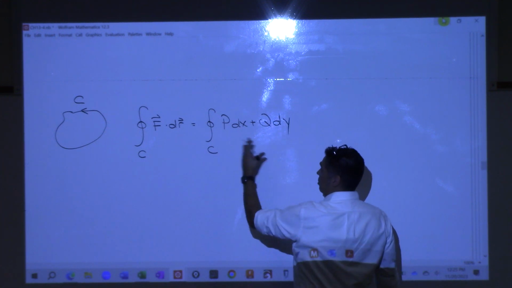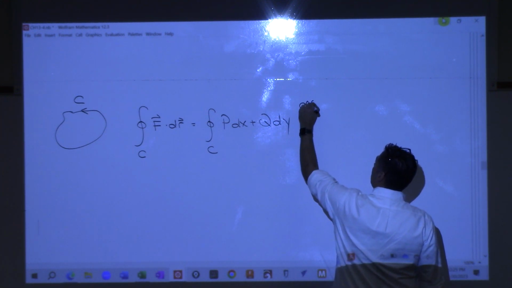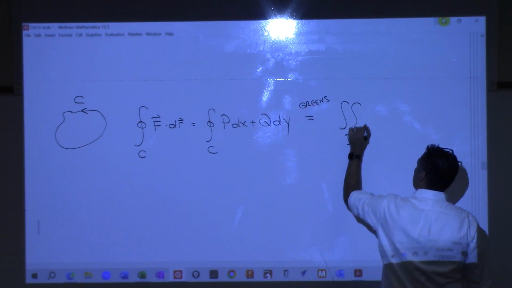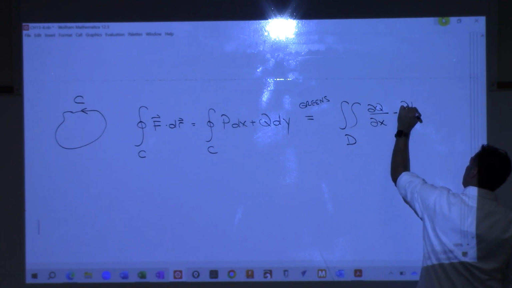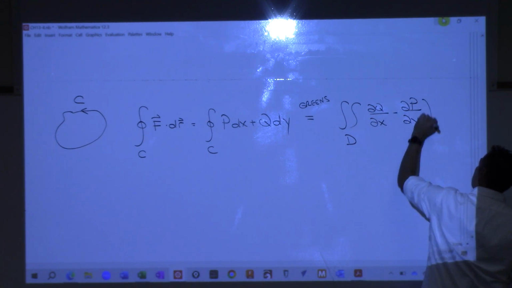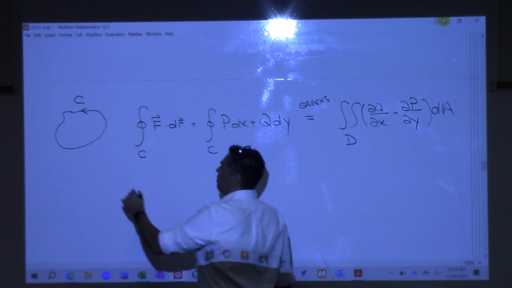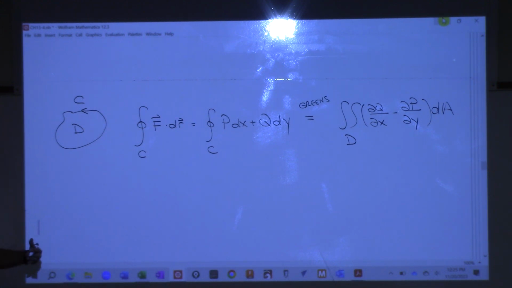That's just notation, right? But by Green's theorem, this is the double integral over D of partial Q with respect to x minus partial P with respect to y dA, where D is the region enclosed. So that's Green's. You go from a line integral to a double.